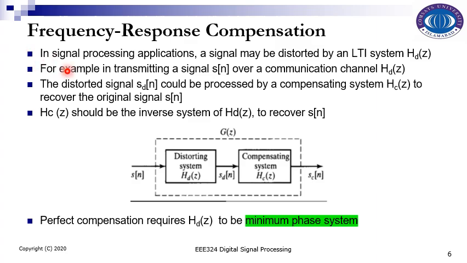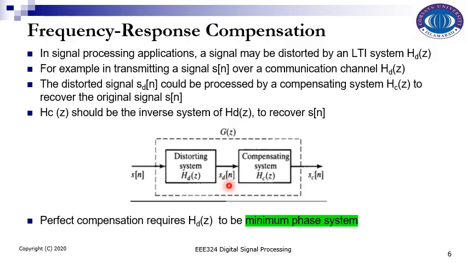For example, when a signal is transmitted over a communication channel, the signal s of n passes through the channel, which we could model as having a system function Hd of z, and the output of the distorting system would be a distorted signal sd of n.